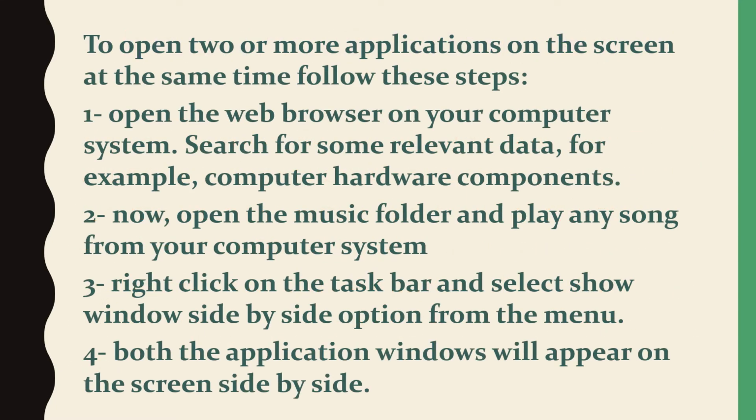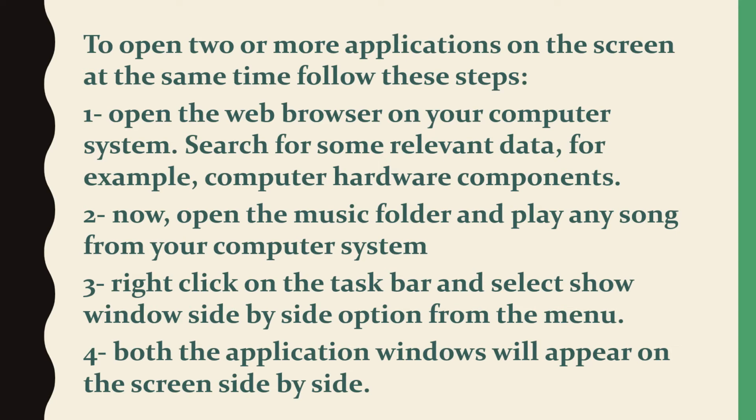To open two or more applications on the screen at the same time, follow these steps. Step 1. Open the web browser on your computer system. Search for some relevant data, for example, computer hardware components. Step 2.